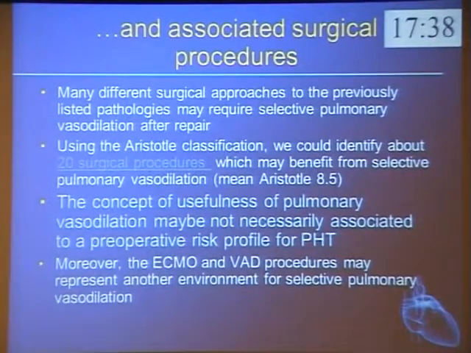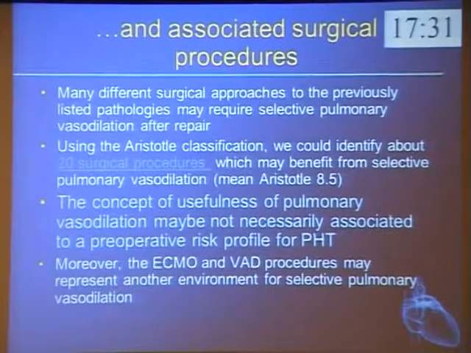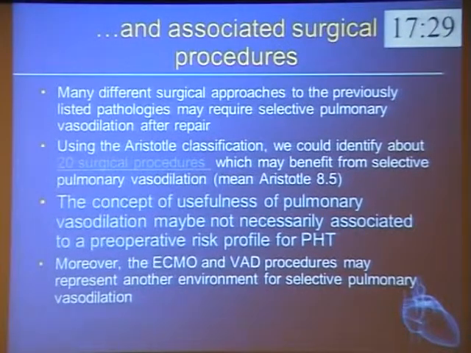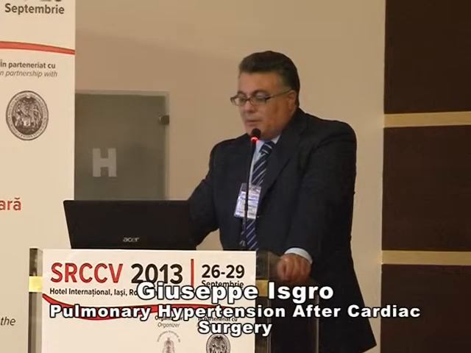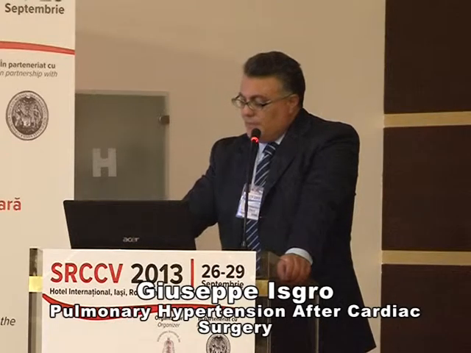But consider that the concept of usefulness of pulmonary vasodilation probably is not necessarily associated to the perioperative risk profile of pulmonary hypertension. Also, there are tools like ECMO and VAD that may represent other environments for selective pulmonary vasodilation.